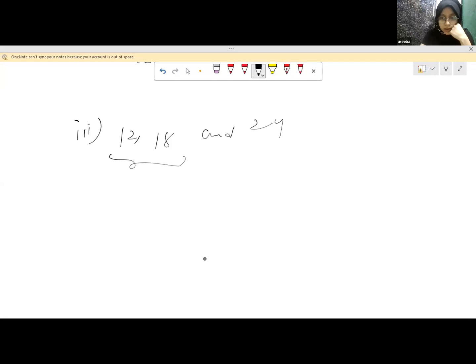All three of you. The remainder is 6. Yes. Next step. I have to make my remainder 0. Take B and R as the next two numbers.